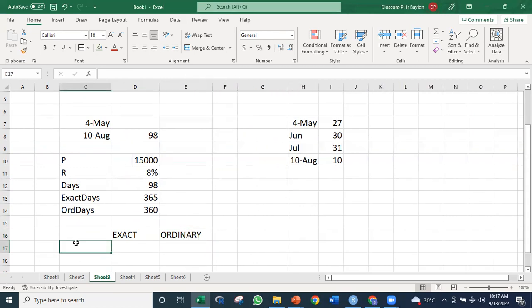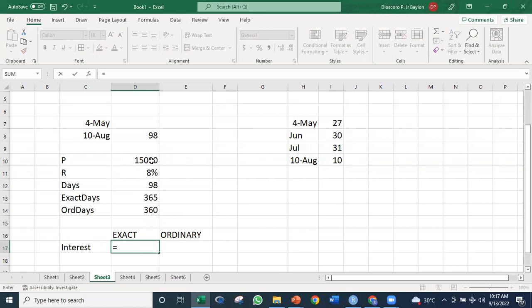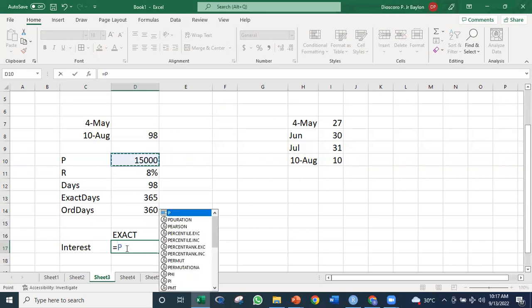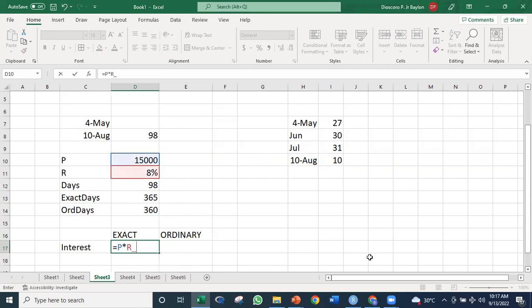So for the interest, for the exact, it will be equal to P times R times days, divided by our exact days.